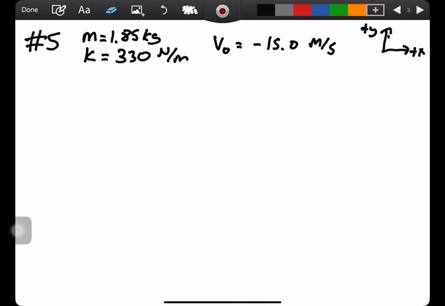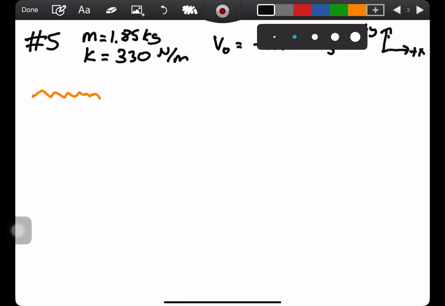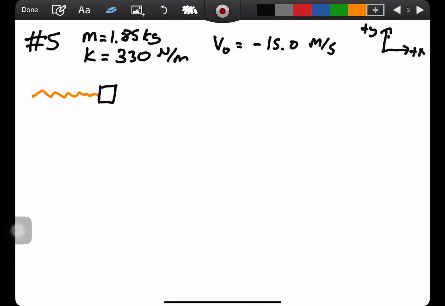Just to illustrate what's going on here, you can imagine if I had a spring, and then that spring was connected to some mass. That mass initially, m, has some initial velocity, we'll say v naught, and it's going to the left, and so that's negative 15.0 meters per second.